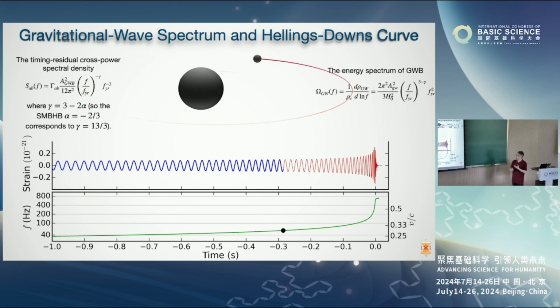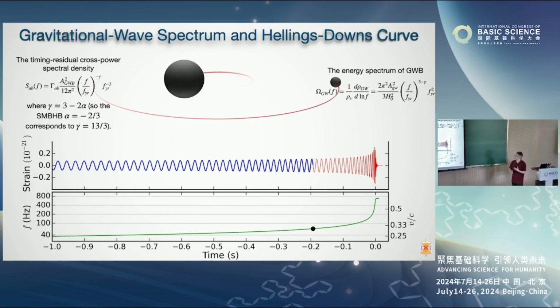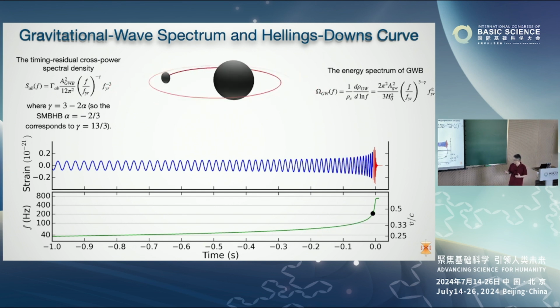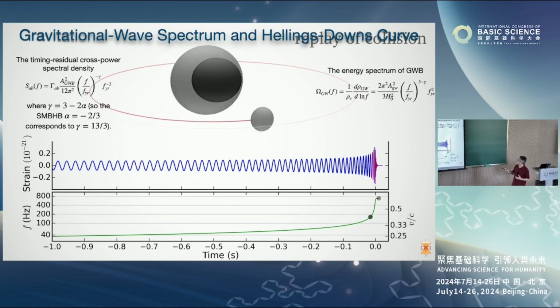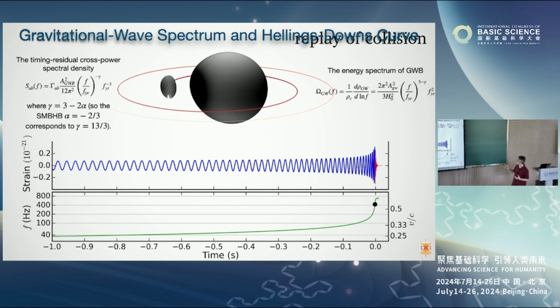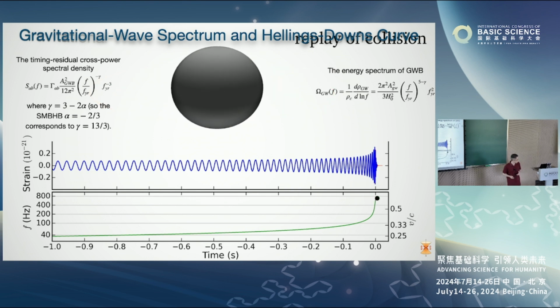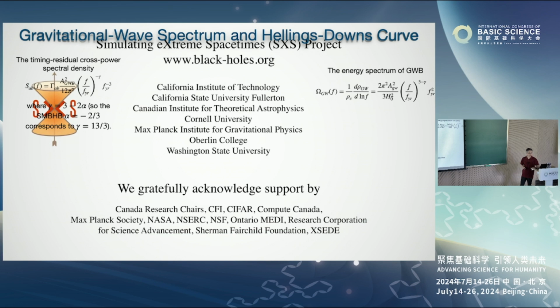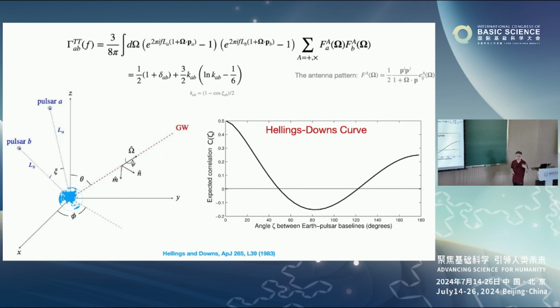Because these two black holes move around each other, gravitational waves carry energy away from this binary, and the frequency of this system will grow and finally form such a power law energy spectrum for the supermassive black hole binaries. So we should see such a stochastic signal first.